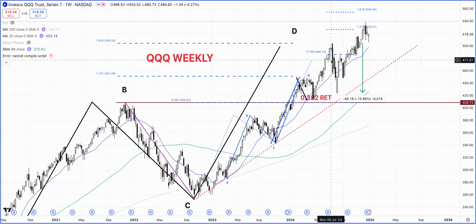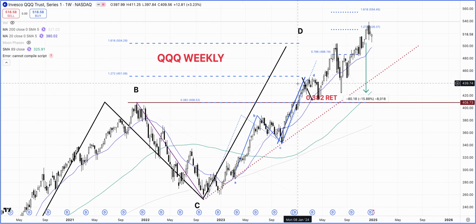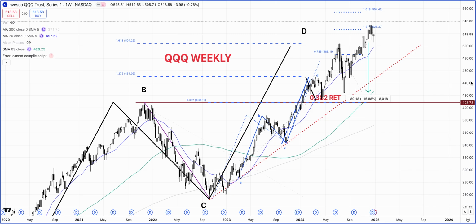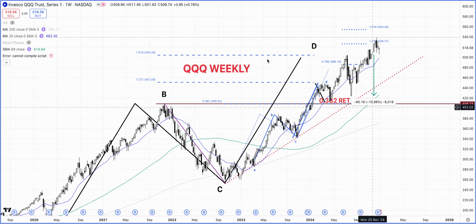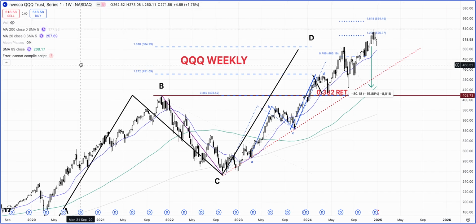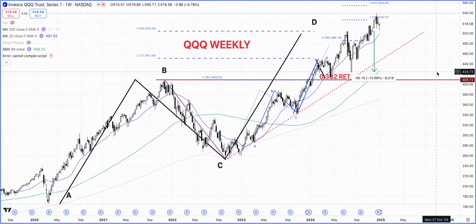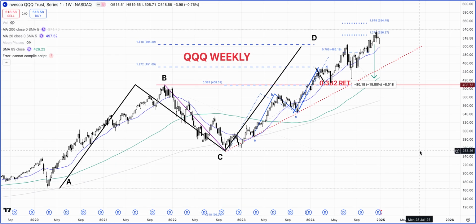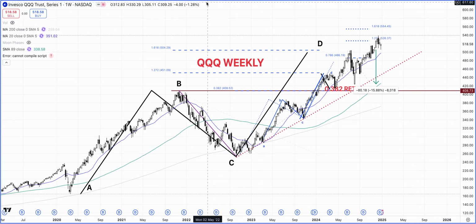At that time, the S&P 500 and Dow Jones had not completed their ABCDs. Nasdaq was the first one to do that. But what we have seen since then is an extension of the CD leg. So what we can point out is a situation in the NQ.